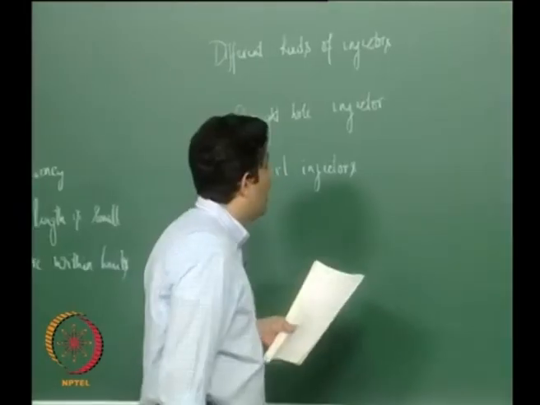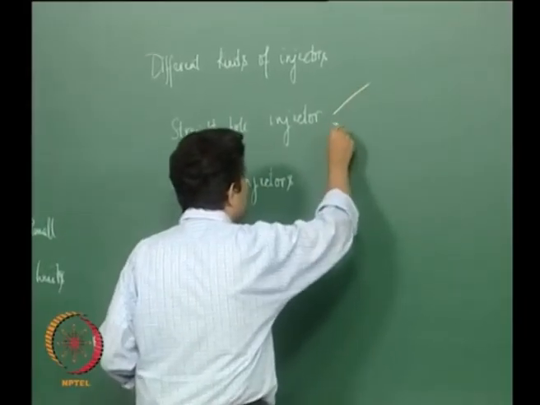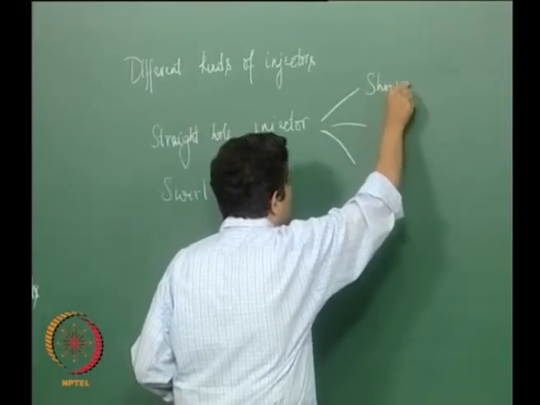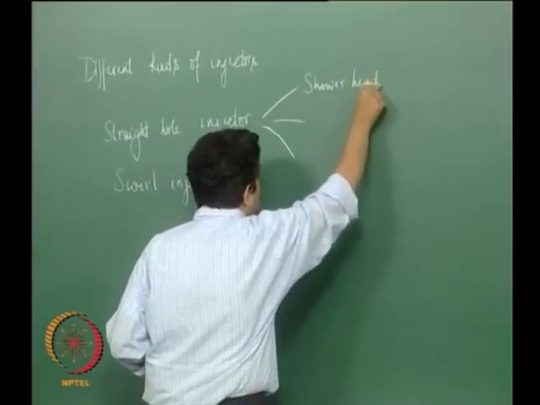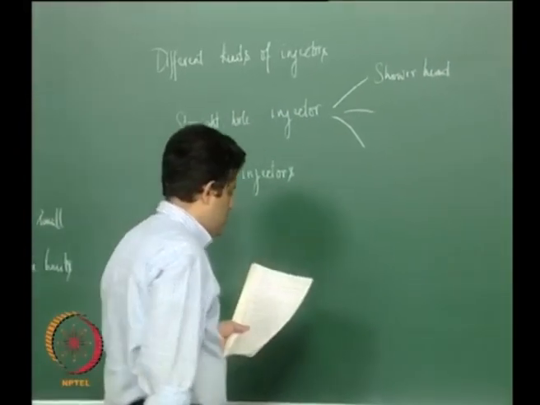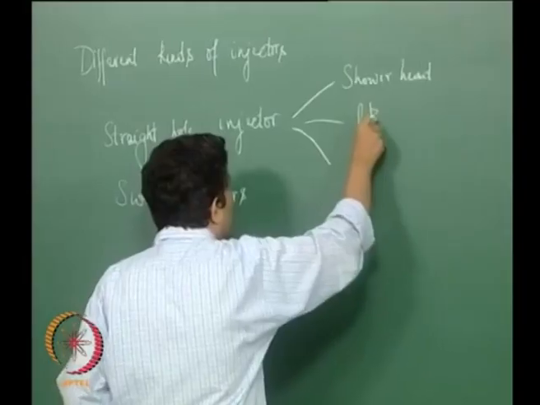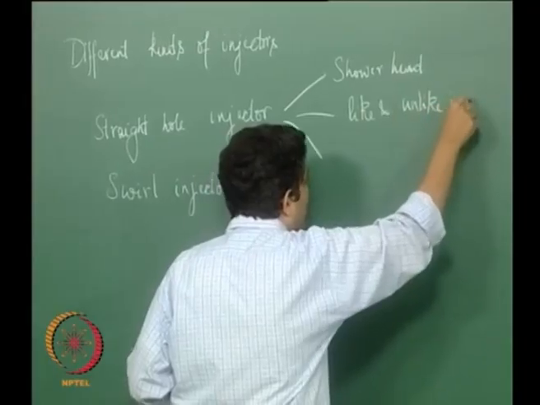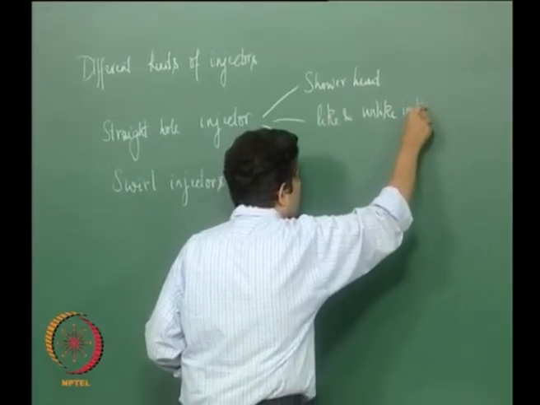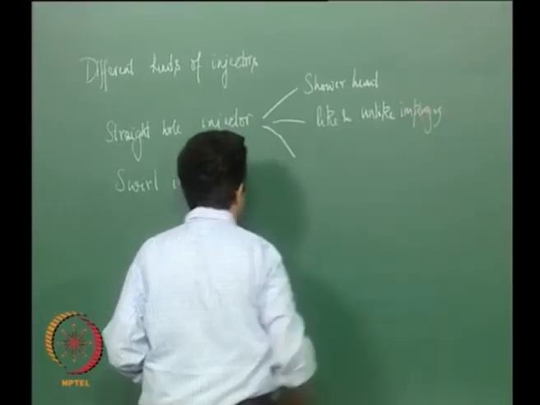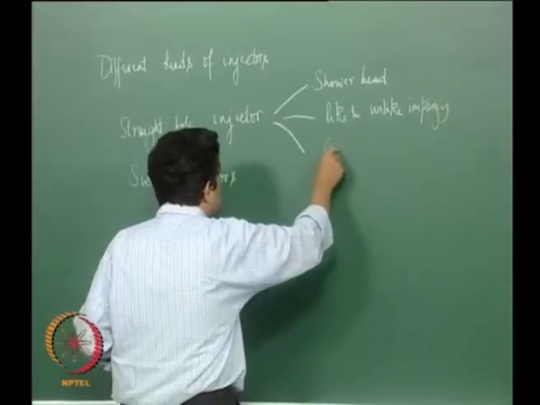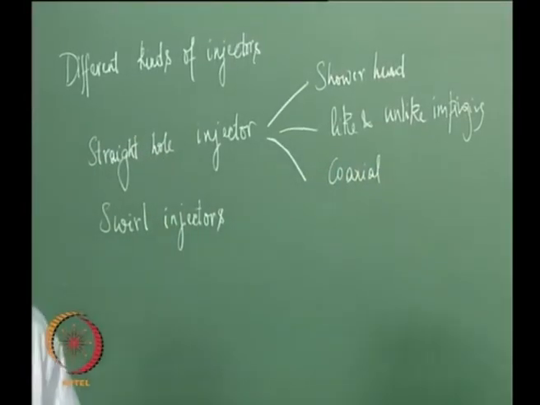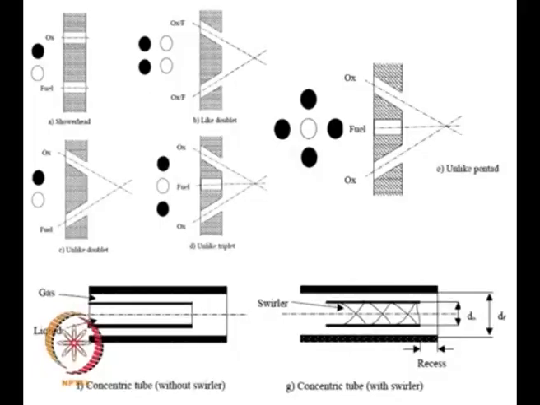Now in the straight hole injectors there are three types. One is shower head, like-on-like impinging, unlike impinging, and lastly coaxial. Let us look at how these are.